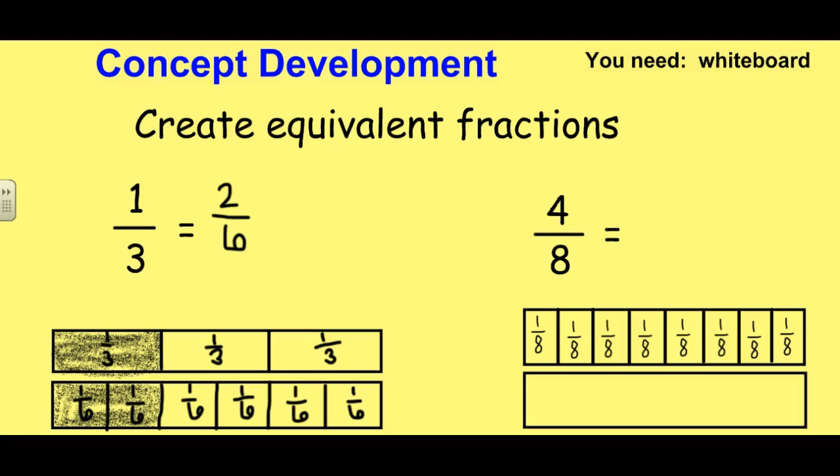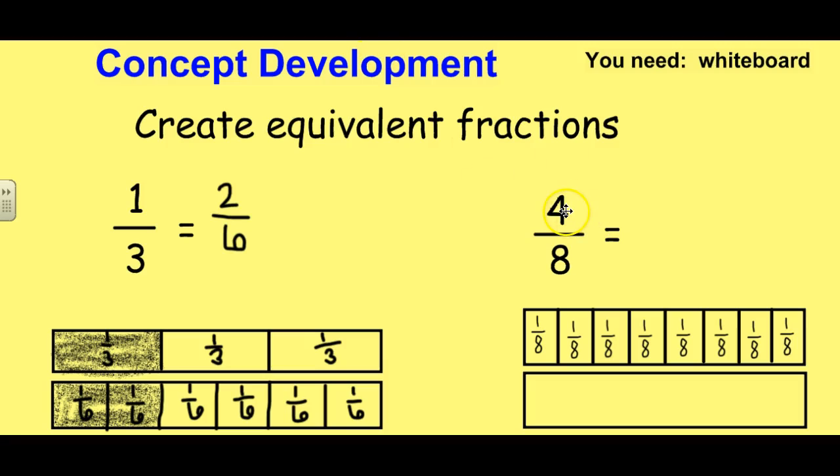So if I had 5/10, I couldn't divide 5 by 2, because whenever you're skip counting by 2's, you don't say 5, so that wouldn't work with that fraction. But since I can skip count by 2's and say 4 and 8, this will work with this fraction and I will be able to divide it by 2.